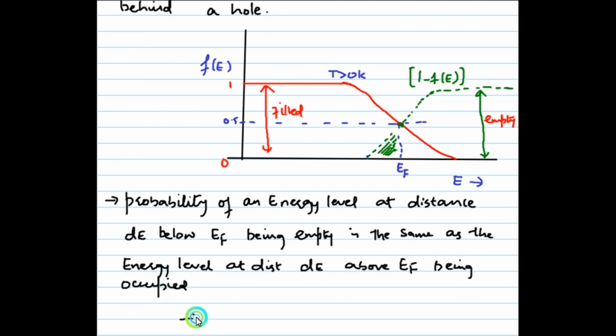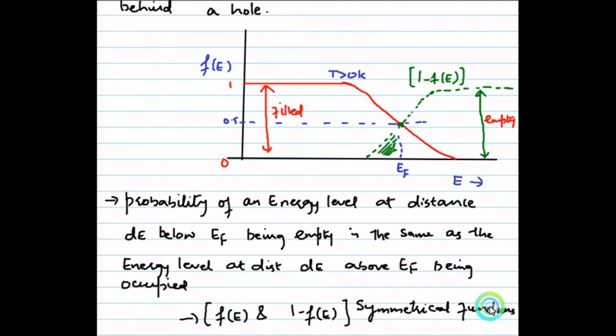So f of E and 1 minus f of E are symmetrical functions. Alright, so these are symmetrical functions.